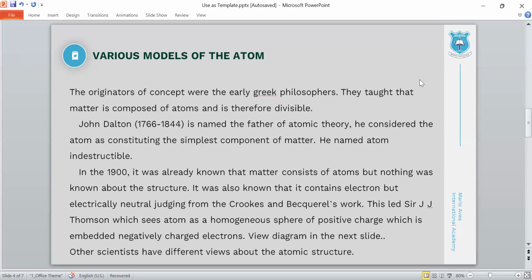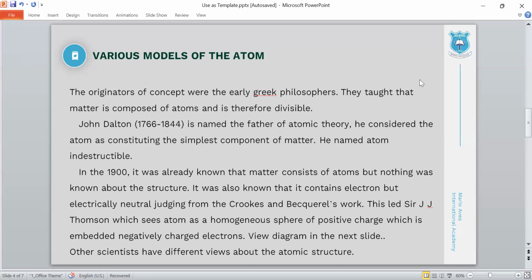So with all these gatherings, this led Sir J.J. Thomson, who sees atom as a homogeneous sphere of positive charge, which is embedded with negatively charged electrons. That is how Sir J.J. Thomson viewed atom, because of the theories or work of the previous persons we have talked about.